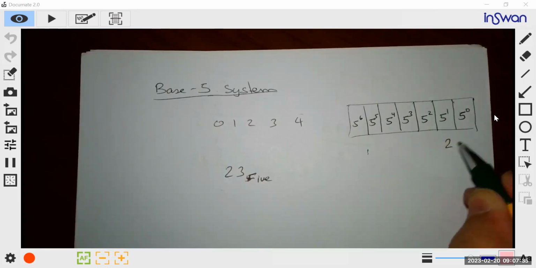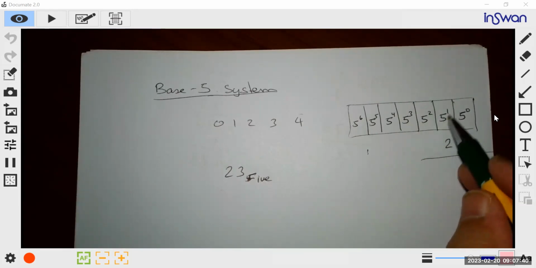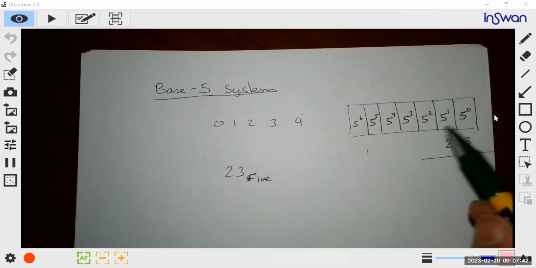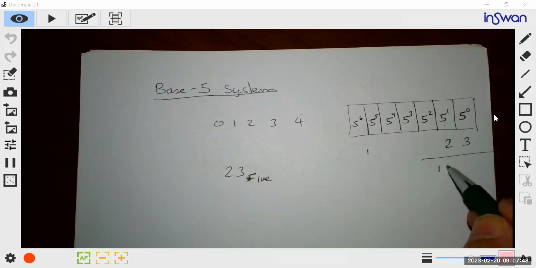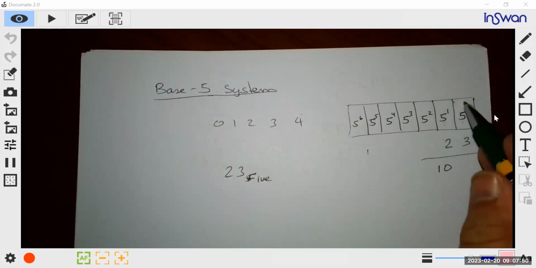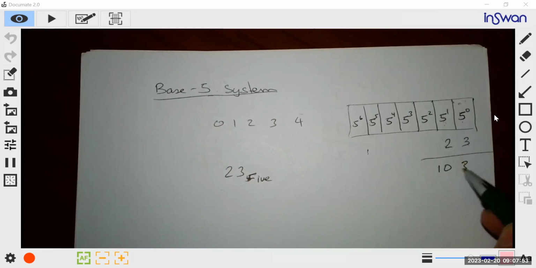It will be 2 times... I mean, no, we first convert it. The second digit is 5 to the first, so it's 5. 5 times 2 is 10. This is the ones. 3 times 1 is 3. So 10 plus 3 is 13.